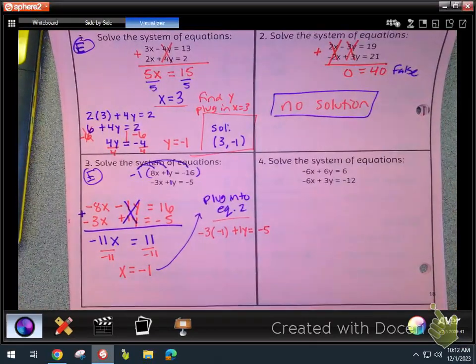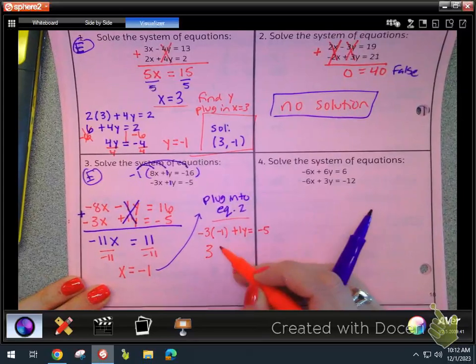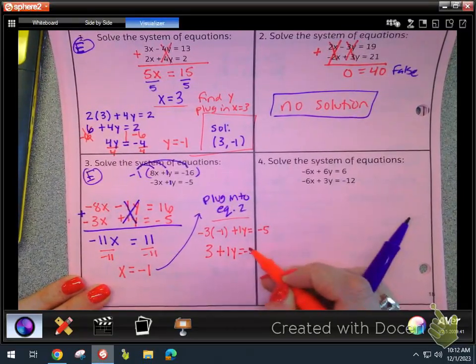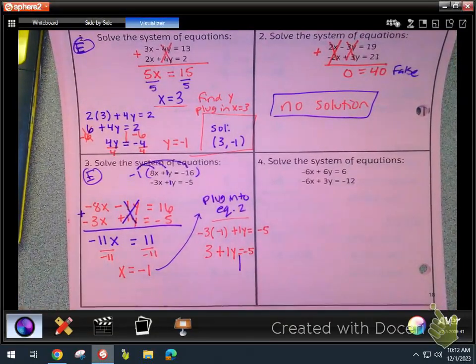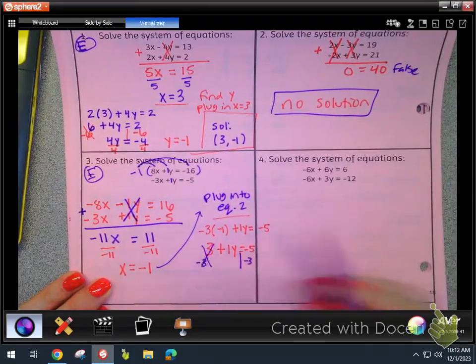If you wanted to plug into the top equation, that's fine too. What is -3 times -1? 3 plus 1y equals -5. I'm going to draw my line because I'm solving now. I have to subtract 3 on both sides.